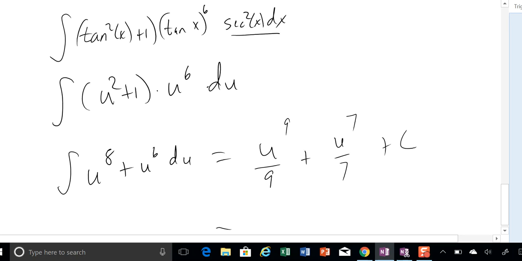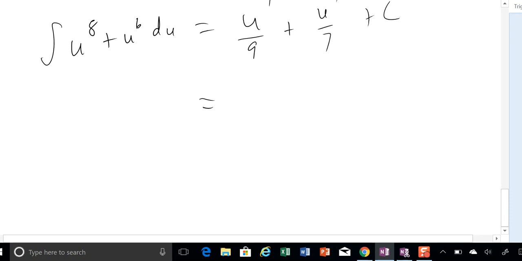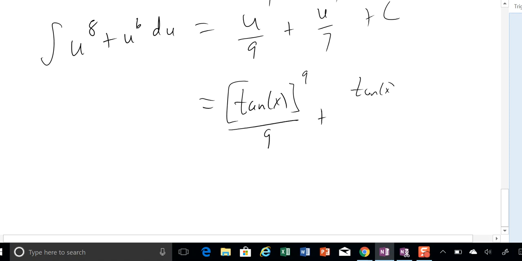So I want something with x in it. And my u, again, was tangent of x. So my answer will be tangent of x raised to the ninth power divided by 9 plus the tangent of x raised to the seventh power divided by 7 plus c. Alright, there you go.